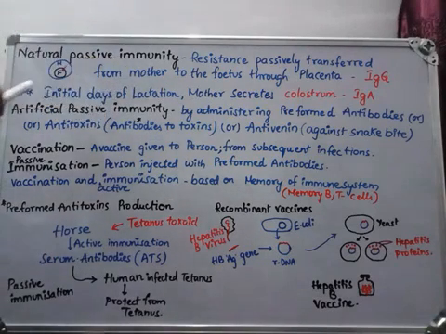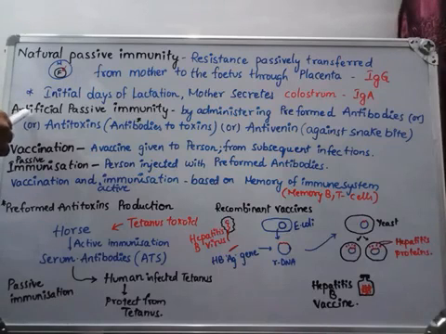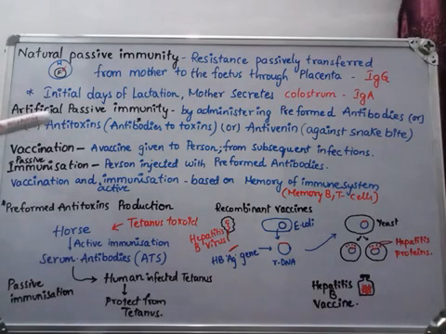Next we have to study artificial passive immunity. When persons are critically ill, like when they are infected with tetanus or diphtheria, they require immediate clinical treatment, and the same applies in snake bite cases.